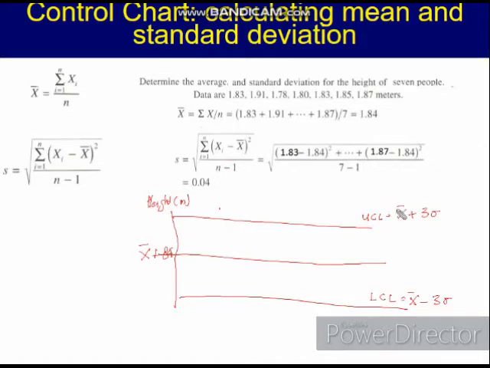So if you calculate that, this will be 1.84 plus 3 sigma, which is 0.12. So this would be 1.96.